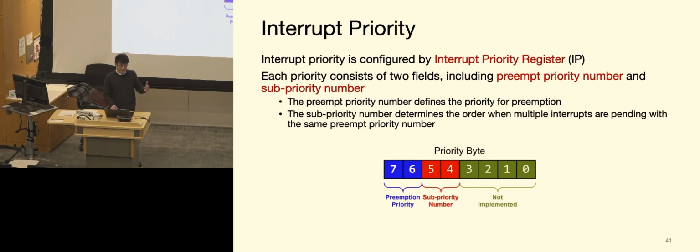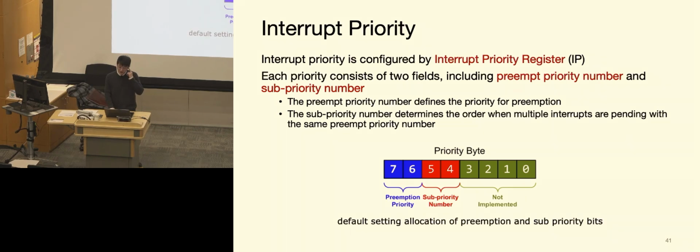The first number corresponds to the priority level of this interrupt, and the second, the sub priority number, means within this level of priority, which order this one is currently at. So those 2 numbers control the corresponding priority.